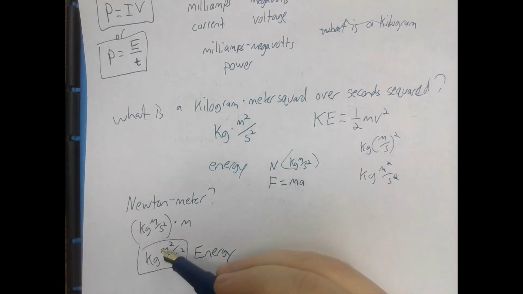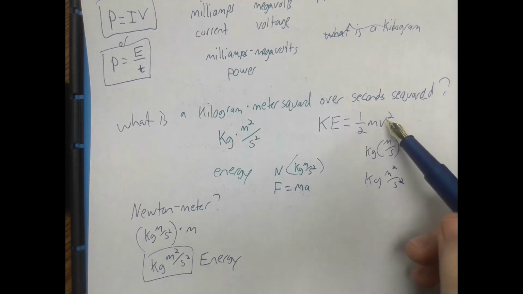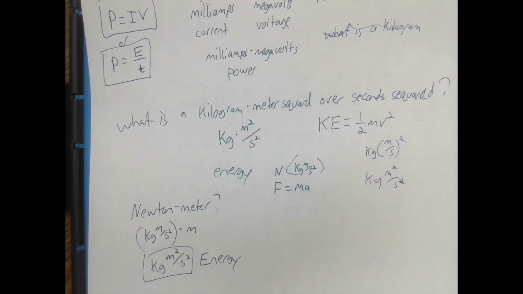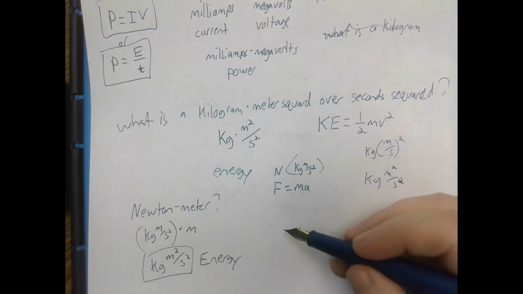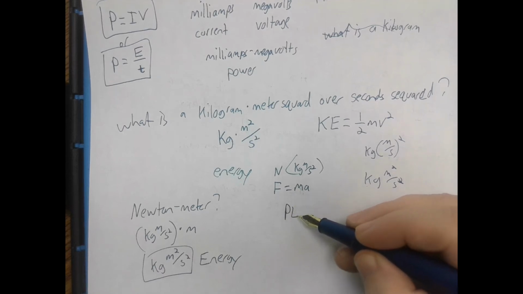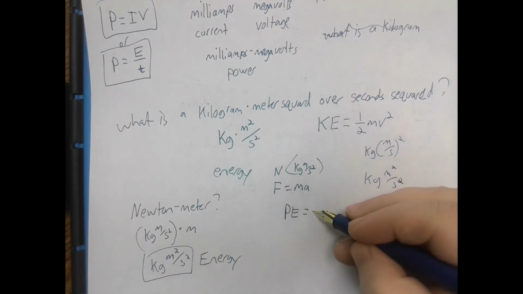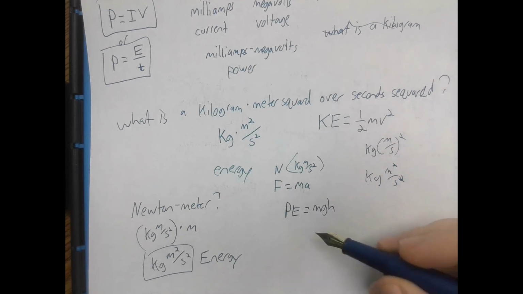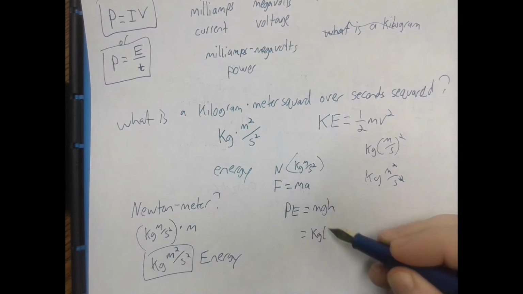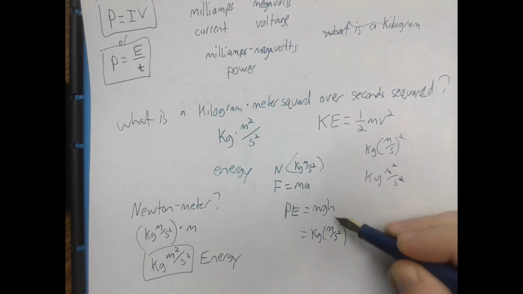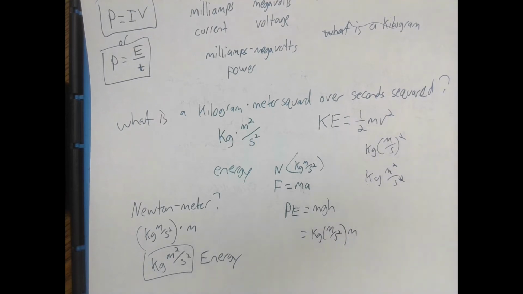If you can get everything down to meters, seconds, and kilograms, you can use the base formulas to derive the equation. Potential energy for gravity is mgh. Mass is in kilograms, g is meters per second squared, and height is in meters.